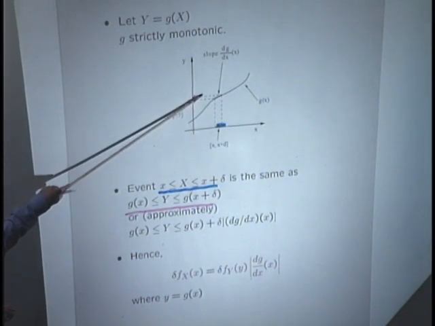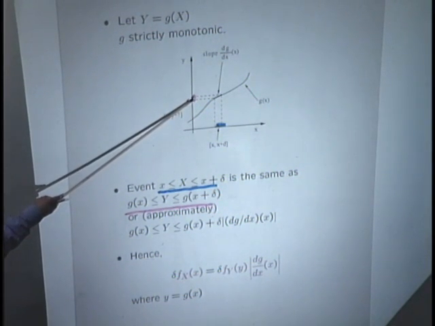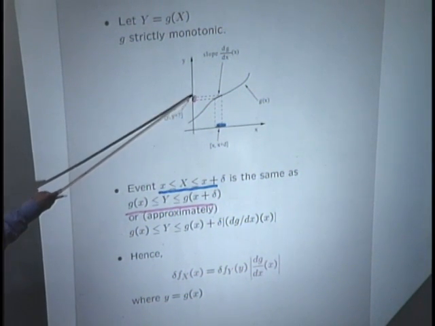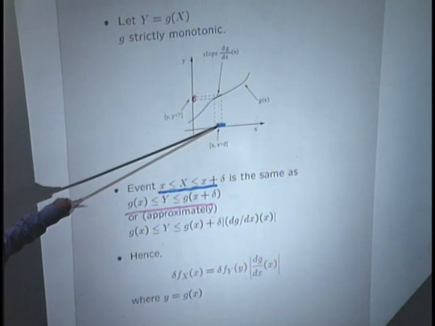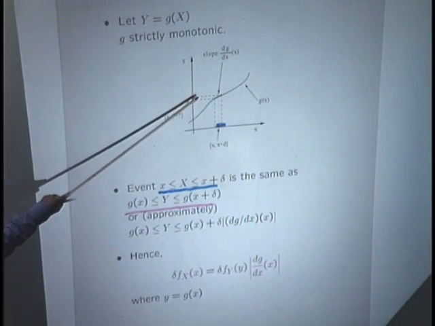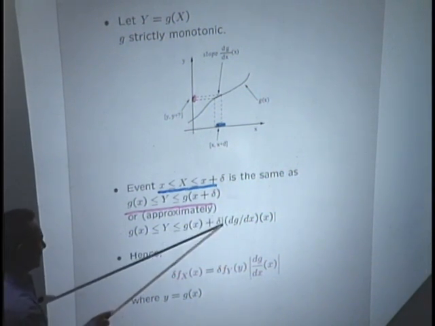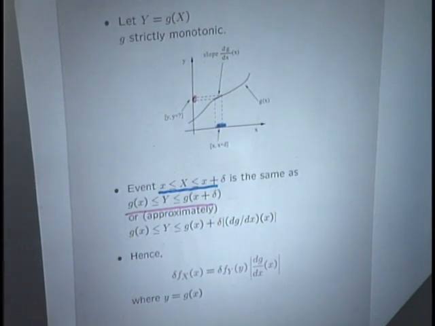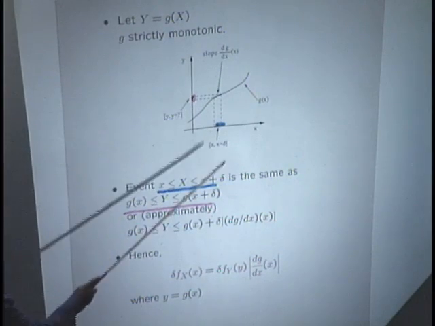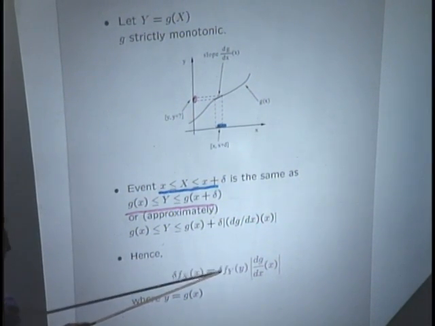So the slope is what multiplies the length of this interval to give you the length of that interval. So the length of the interval is delta times the slope of the function, approximately. So the probability of this interval is going to be the density of y times the length of the interval that we are considering.